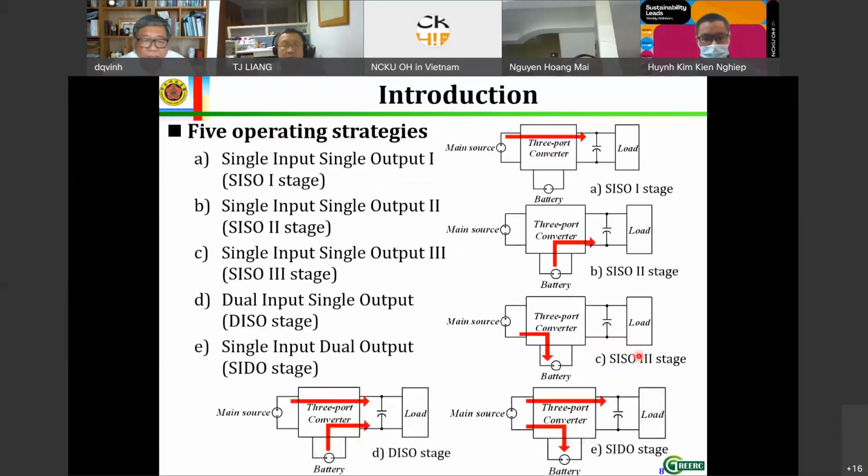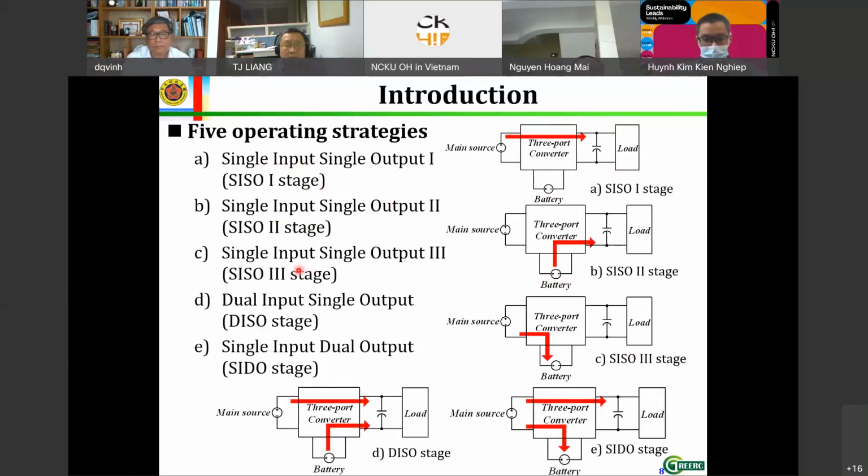These are the 5 operating strategies which will be analyzed. The first is single input, single output. Number 1, which I call SISO 1 stage, where the energy will transfer from the main source to load. Another operating strategy is SISO 2 stage, where the energy will transfer from battery to load.